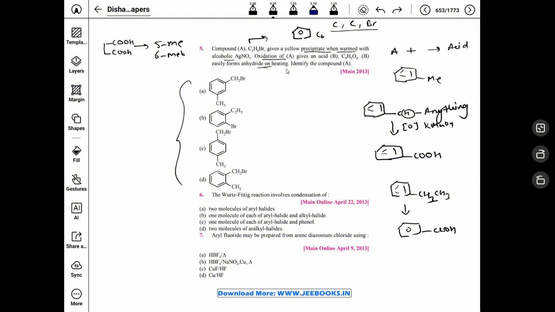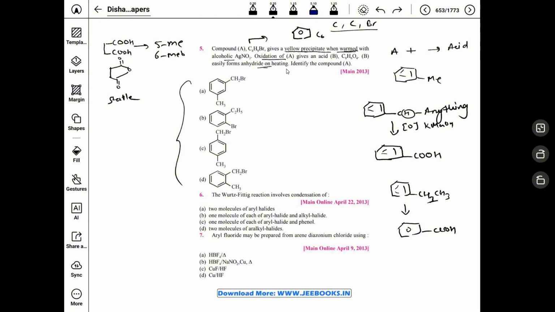Then only it can form the anhydride. When they are in close proximity, they can give you anhydride, like a 5-member anhydride, and 5-member anhydrides are stable.